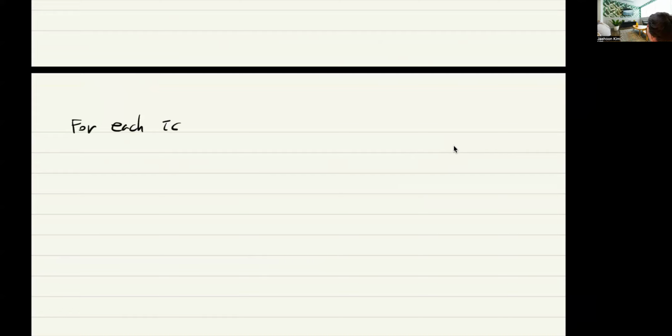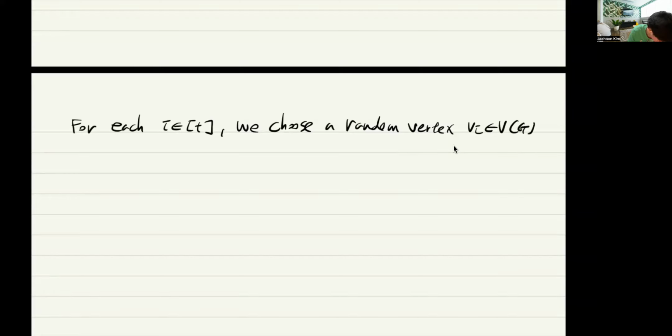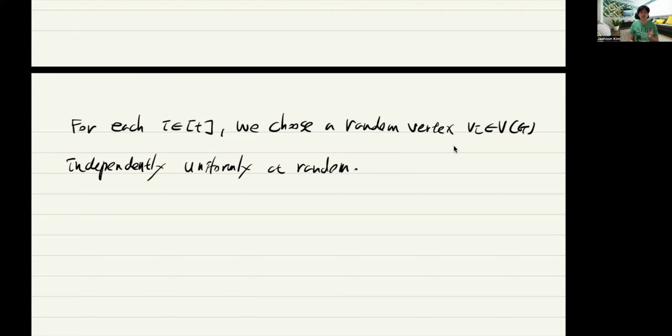For each i between 1 and t, we choose a random vertex b_i independently, uniformly at random. So this is an independent random trial, which means b1 and b2 could be the same vertex.